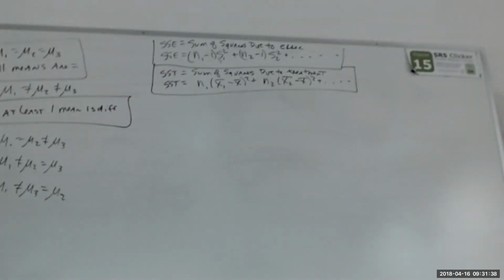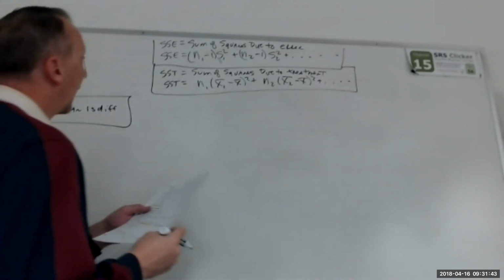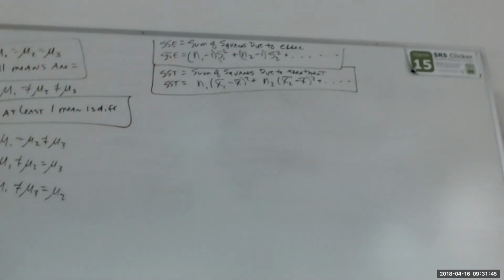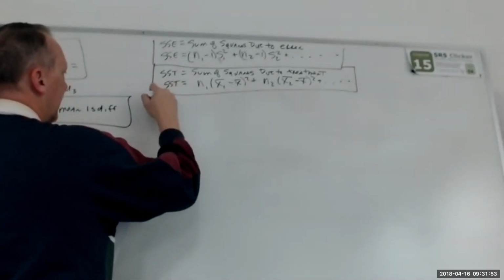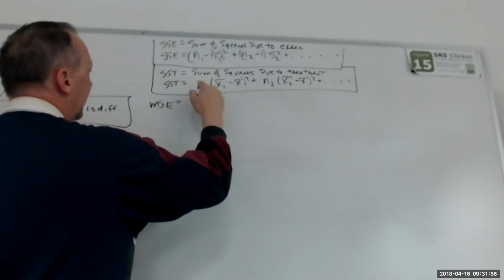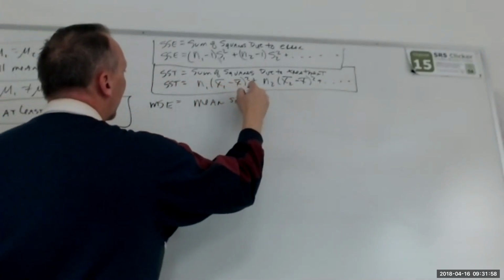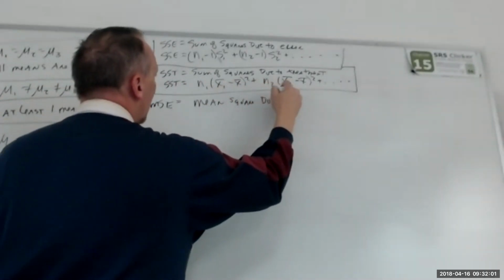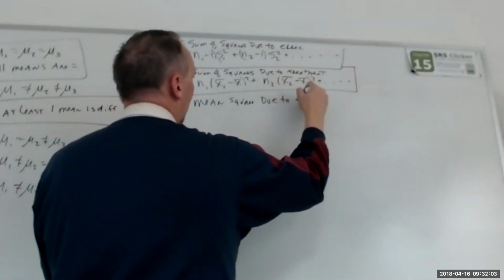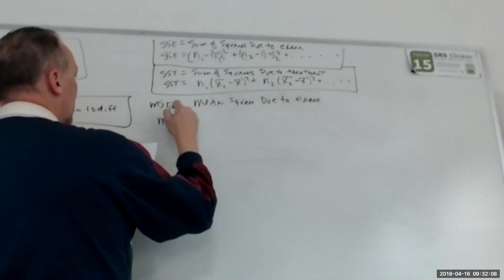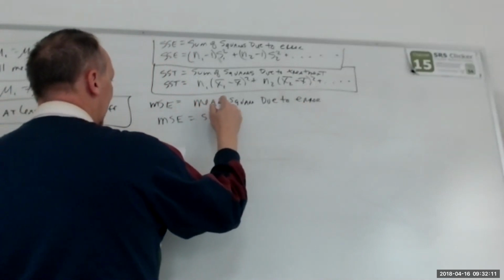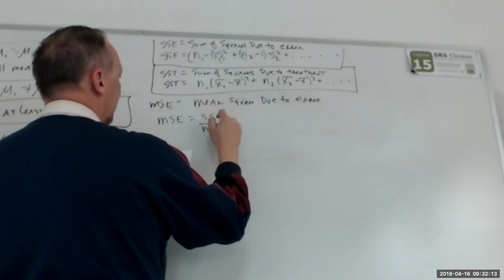Sum of squares due to treatment. SSE is the sum of squares due to error. Then we're going to have the MSE. The MSE is called the mean square due to error. The MSE is simply the SSE divided by n minus k.